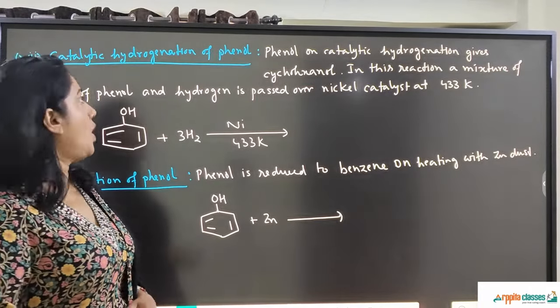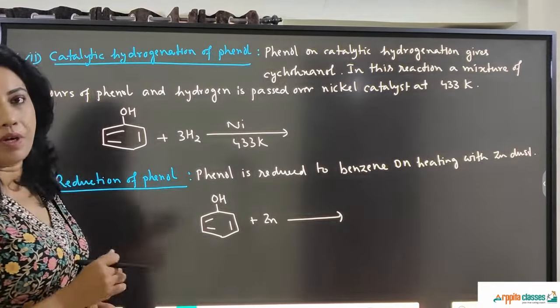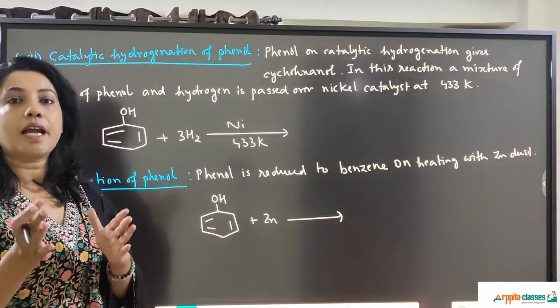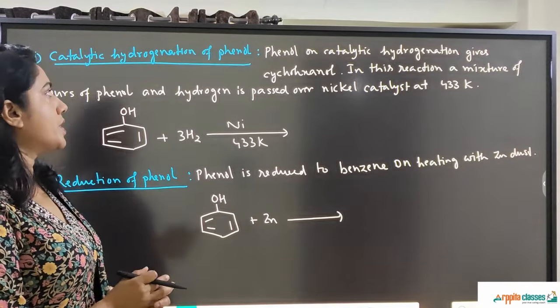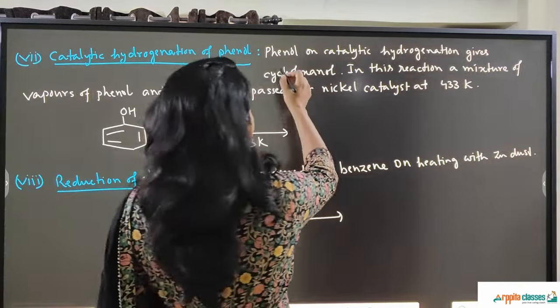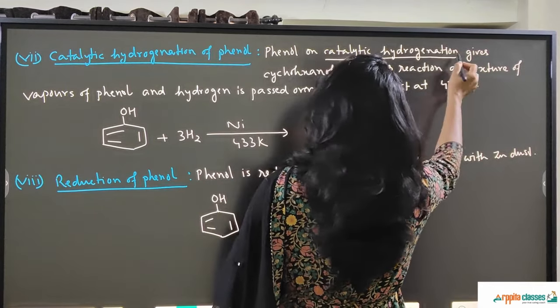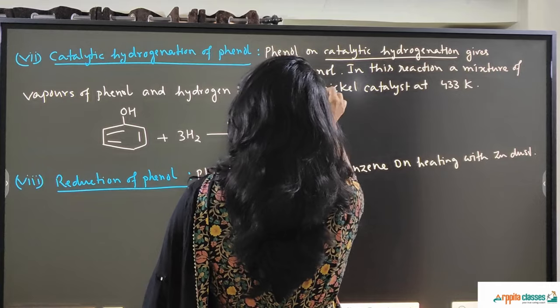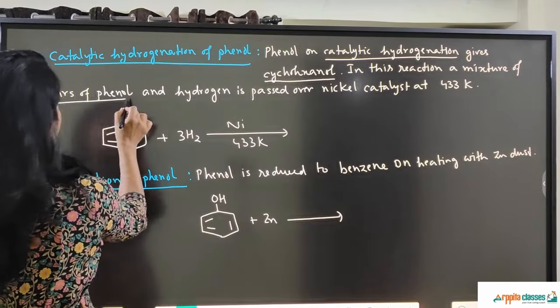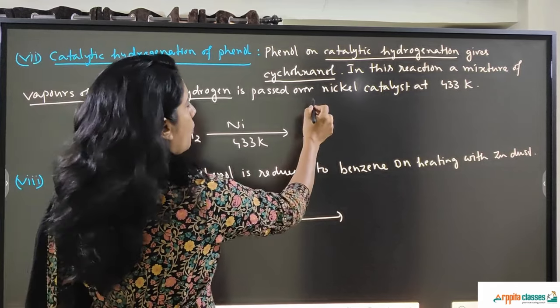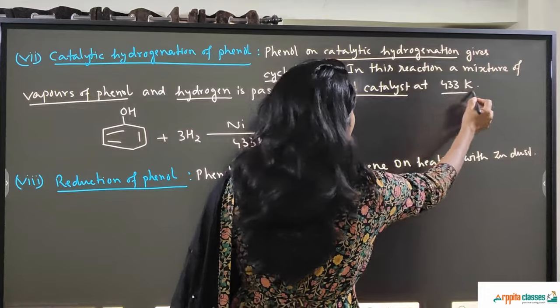The next reaction of phenol is catalytic hydrogenation of phenol. Hydrogenation is hydrogen addition, and catalytic means in presence of a catalyst. So phenol on catalytic hydrogenation gives cyclohexanol. In this reaction, a mixture of vapors of phenol and hydrogen is passed over nickel catalyst at 433 Kelvin.